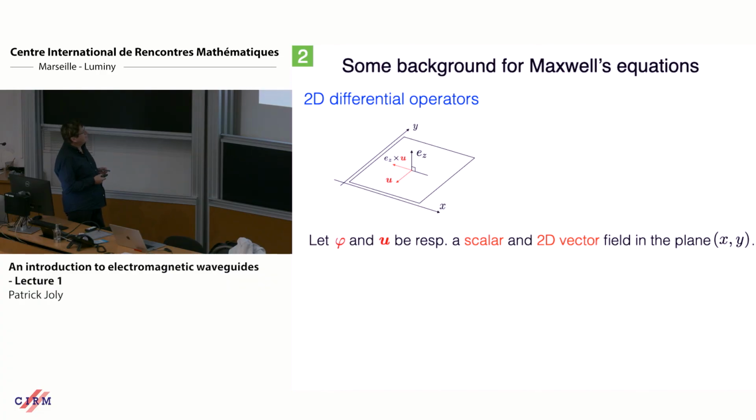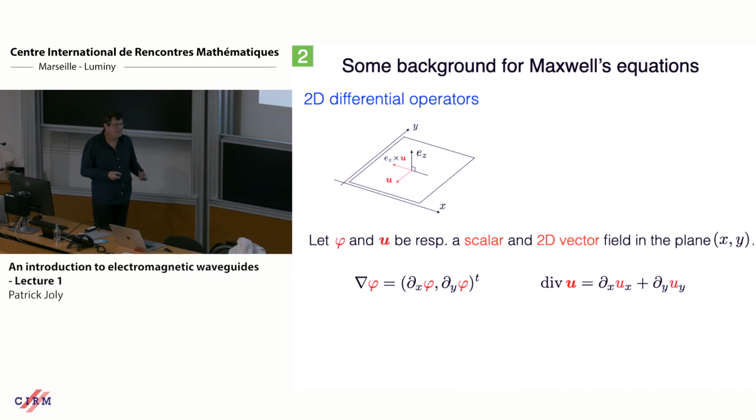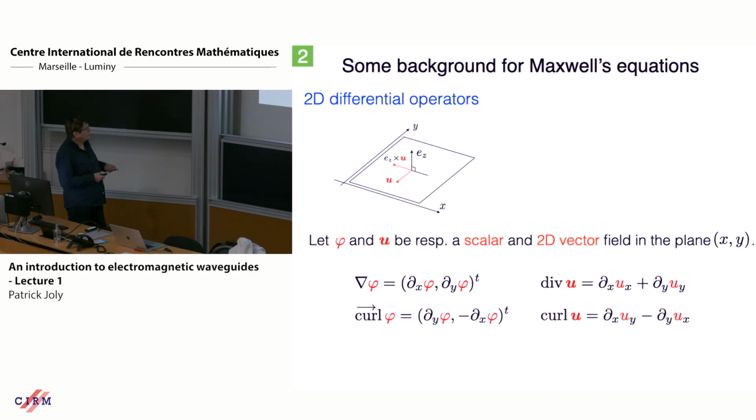Moreover, if I consider a 2D scalar function phi and a 2D vector field u, which is in this plane, I recall the 2D gradient and divergence operators, and relatedly, I can also introduce two curls. A vector curl indicated with an arrow and a scalar curl. And in fact, these are directly related to the previous operators with rotations.